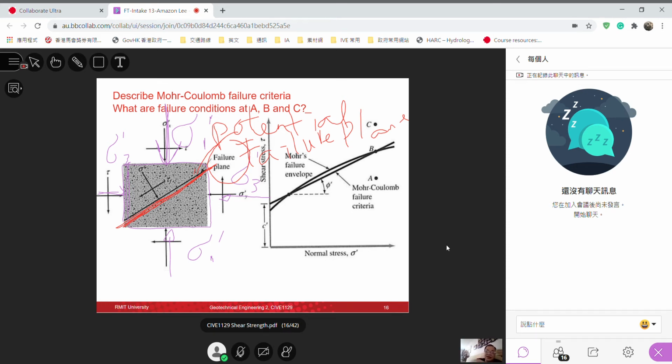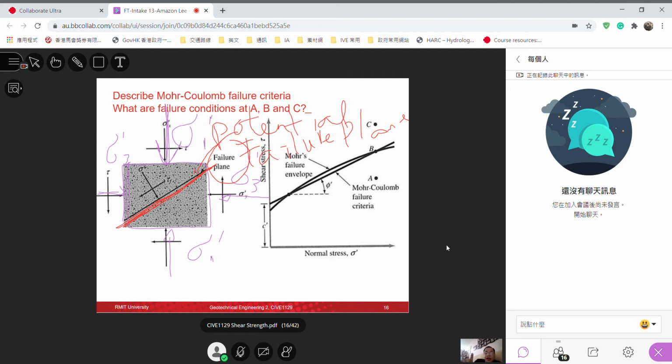If you magnify it, it runs along the soil particles, many little slip planes connecting together into a failure plane along which the soil fails. So it is better described as a potential failure plane. But if you say failure plane, it's fine.